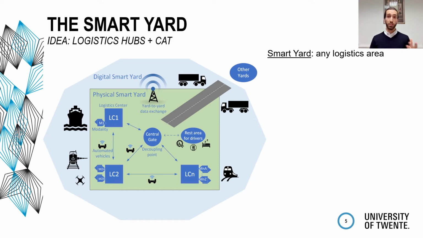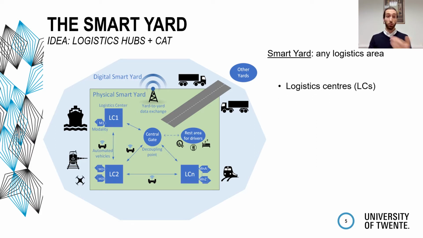So, to put logistics and CAT together, we decided to focus on hubs. Hubs are the nodes of the logistic networks, and they can be container terminals, distribution centers, or even airports. So we developed this concept of smart yards, which is any logistic area with specific features.